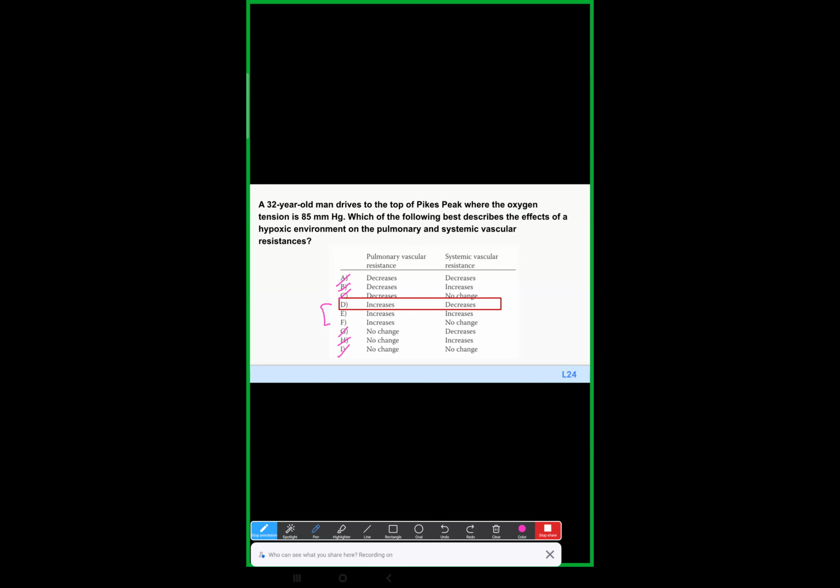But over time, your respiratory centers will understand that there's a decrease in oxygen, and then the sympathetic system starts to kick in, but it's more delayed. What we're asking here in this question is, what is the initial response? I hope that makes sense.